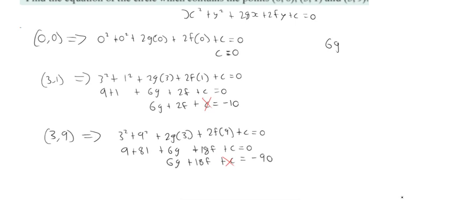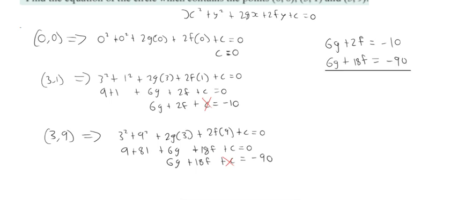So I'm just going to use the other two and figure out what g and f are. So 6g plus 2f is equal to minus 10, and 6g plus 18f is equal to minus 90.